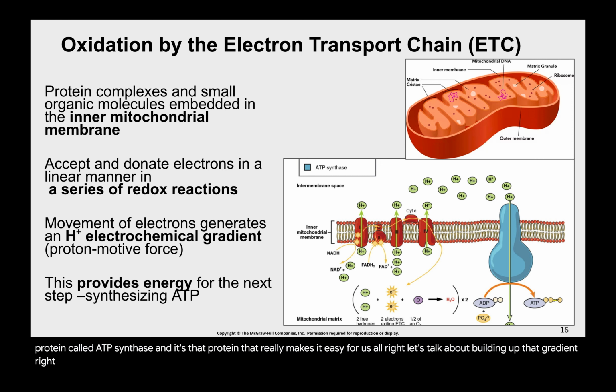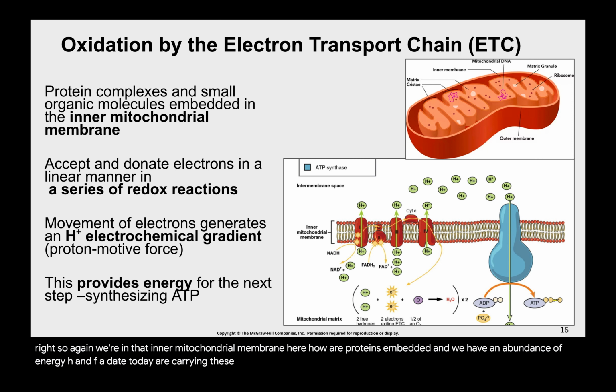Again, we're in that inner mitochondrial membrane here. We have our proteins embedded, and we have an abundance of NADH and FADH2. They are carrying these hydrogen ions for us that we are then going to strip off of those molecules and create a hydrogen ion gradient.